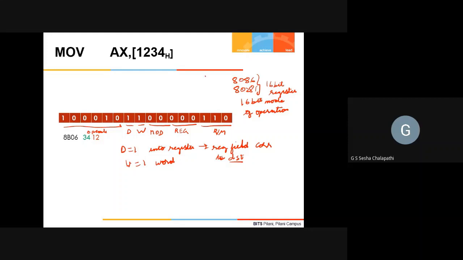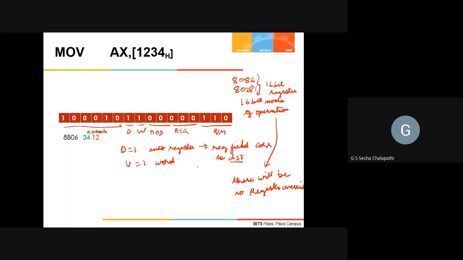So since you are using AX here in a 16-bit mode of operation, there will be no register override.